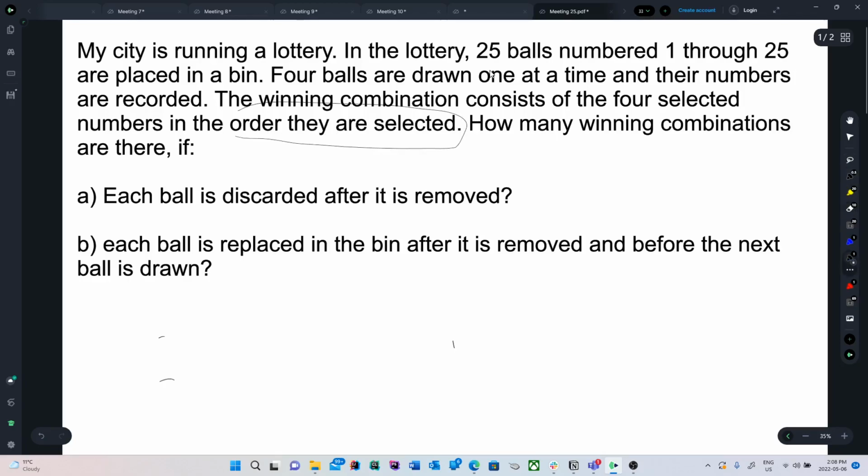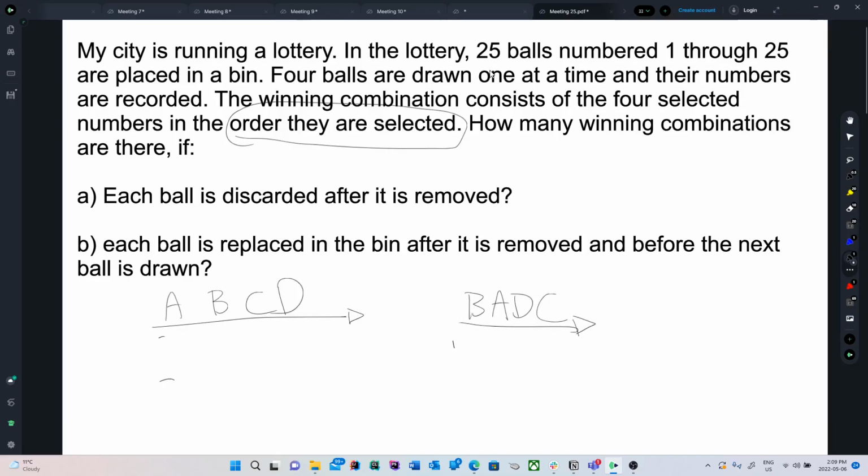the order of the selected combination does matter, which means that if we select the balls A, B, C, D in this order, it is different from B, A, D, C. So even though they're the same four balls, they're selected in a different order, and this concept is called permutation.